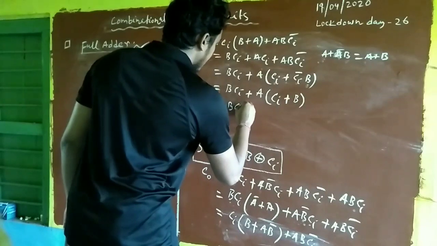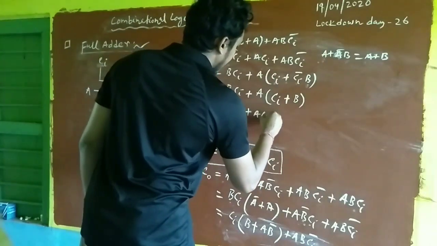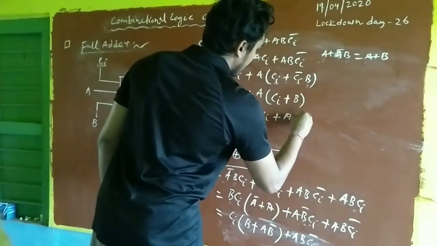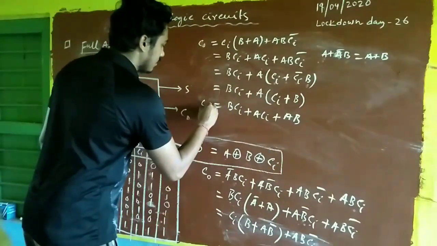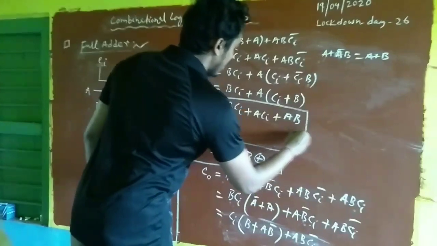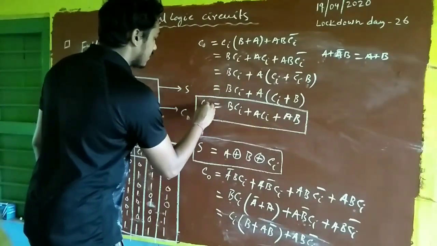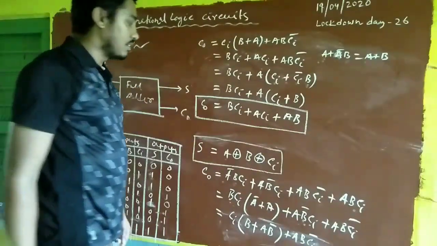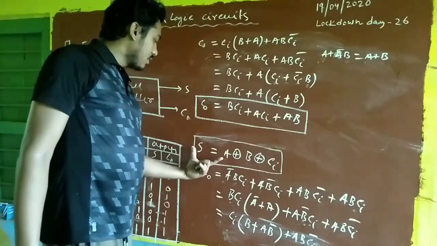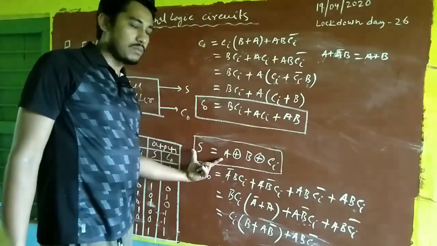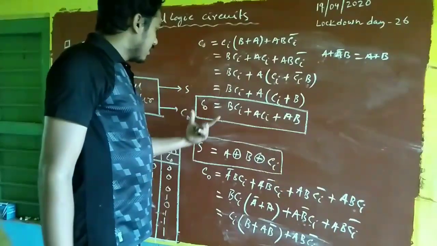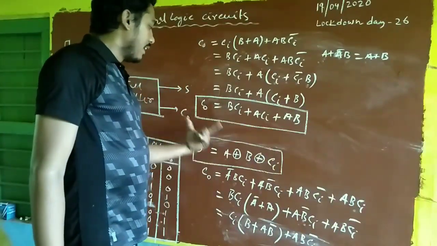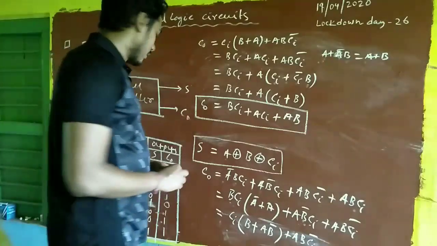B Ci plus A Ci plus A B. Okay. So this is the simplified expression for the carry out, and this one is the simplified expression for the sum output. Now we need to design these two outputs using logic gates.